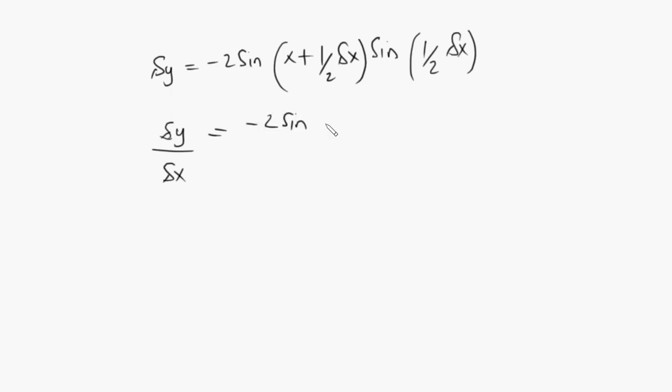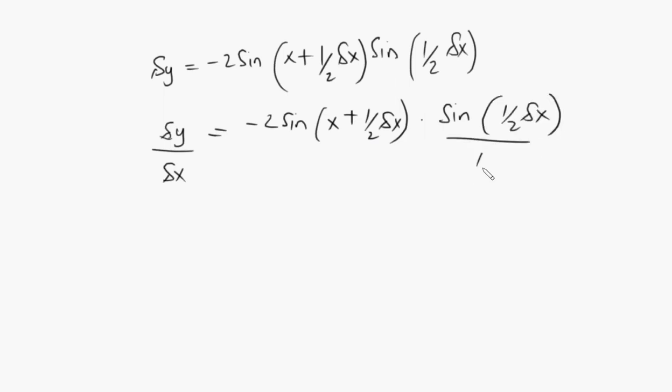We have sin(x + 1/2 Δx) times sin(1/2 Δx) over Δx. I'm so sorry, over Δx. Nimegawanya kwa Δx both sides, so over Δx. Okay, hii Δx naileta kwa huku kwa maksudi, utakuja kuona kwenye limit namna ninavyoimaliza.